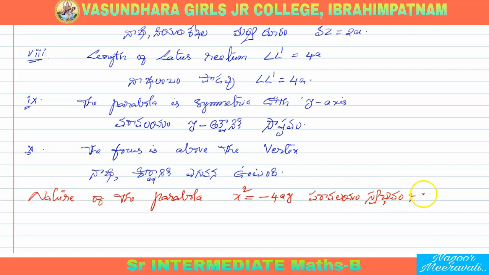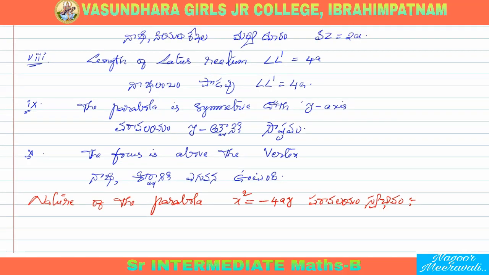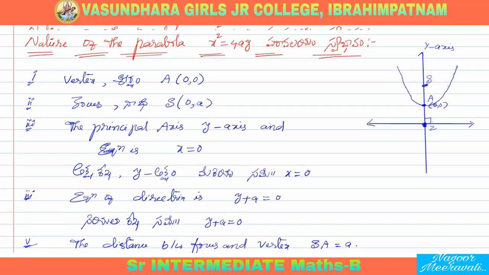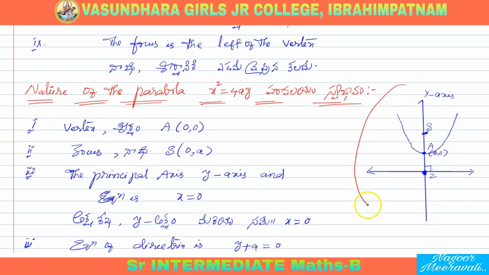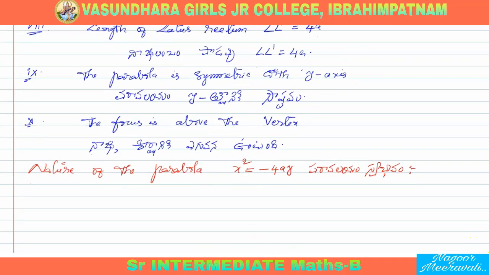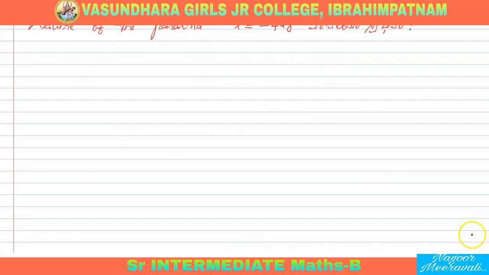Okay, so this is the property. So for that, its diagram is, the previous parabola, if you observe, is x² = +4ay. So now we are going to discuss x² = -4ay. That is like the diagram.